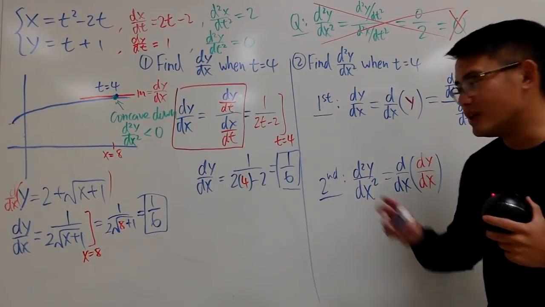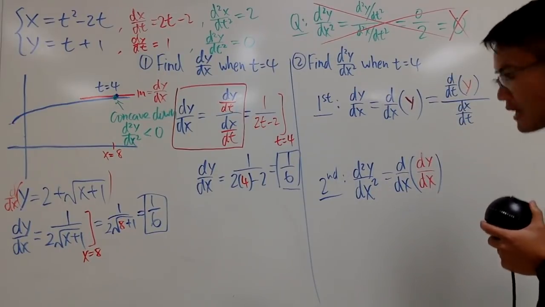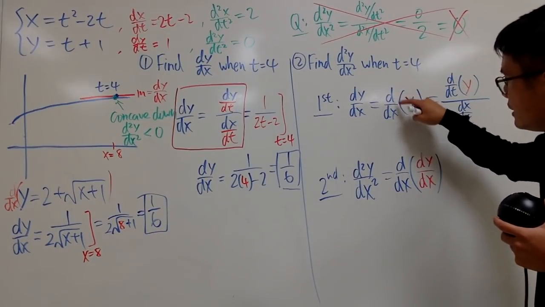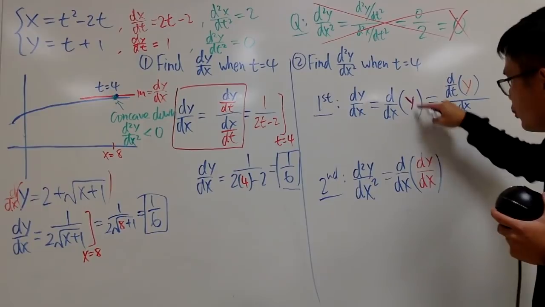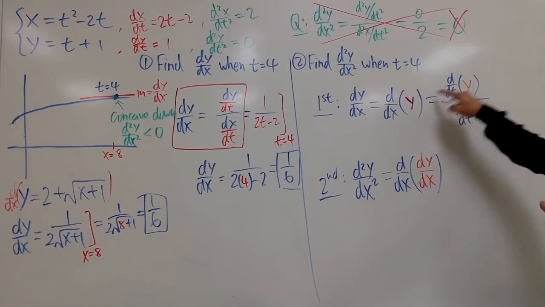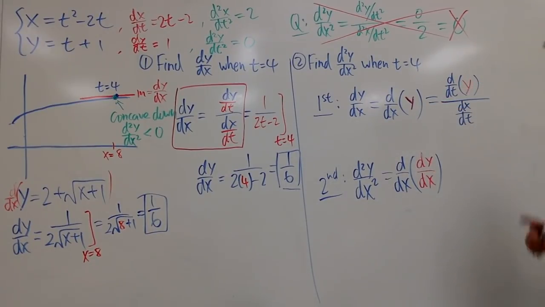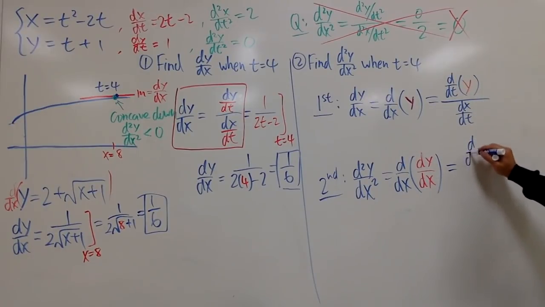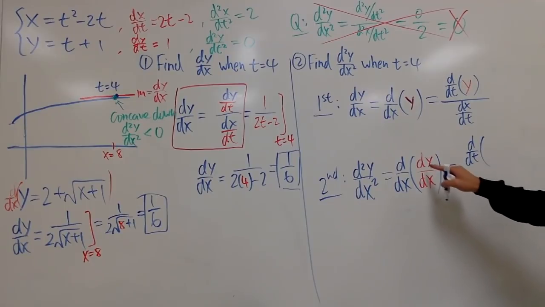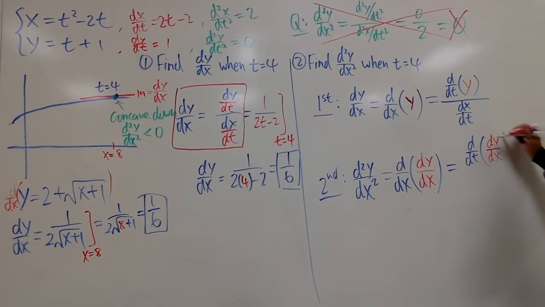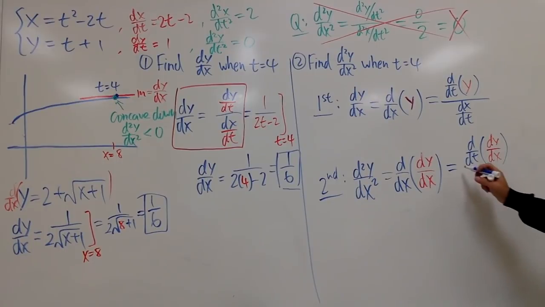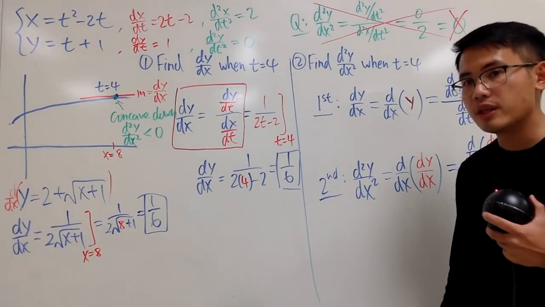And now here's the beauty, why I took all the time to do all that. d/dx, input goes here, input will go here as well. Meaning you have to differentiate with respect to time the dy/dx, and then you divide it by the dx/dt when you are working with parametric equations.